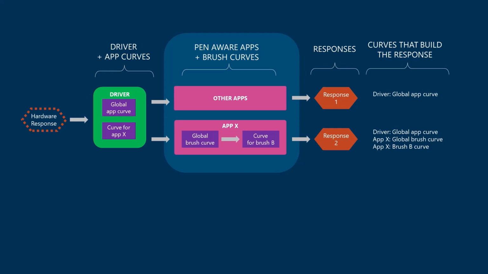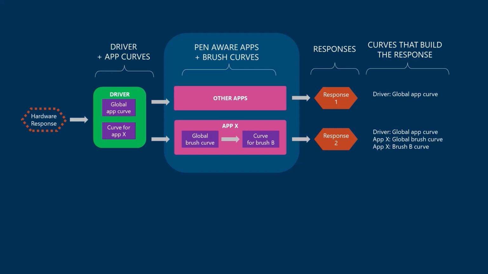Then below, we have a specific application X. This application also has two pressure curves. There's a global brush curve, and then there's a curve for a specific brush, in this case designated as brush B. Unlike with the driver, what happens in this case is both pressure curves are used. First, the global brush curve is applied, then the curve for brush B is applied.